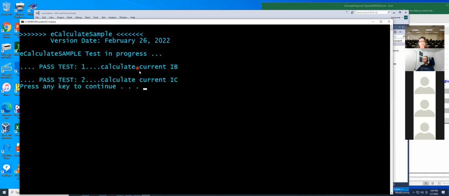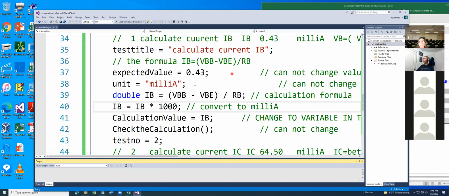When you get 5 or 10 or more tests, all have to pass. Okay? The only thing you need to do is upload your CPP file.